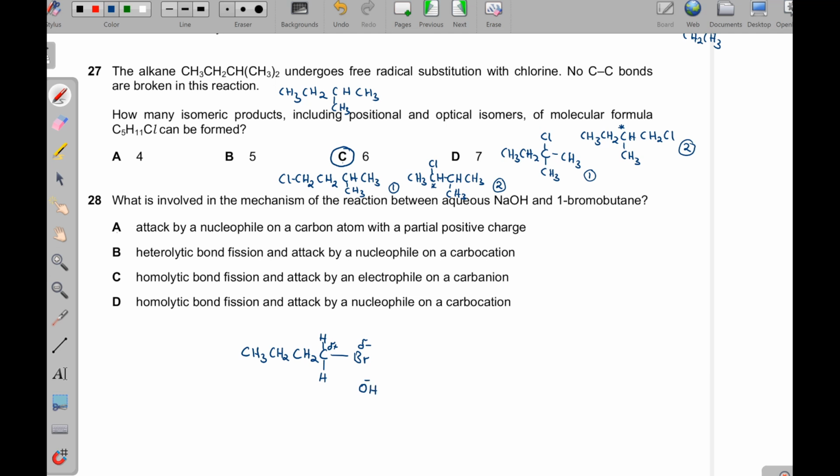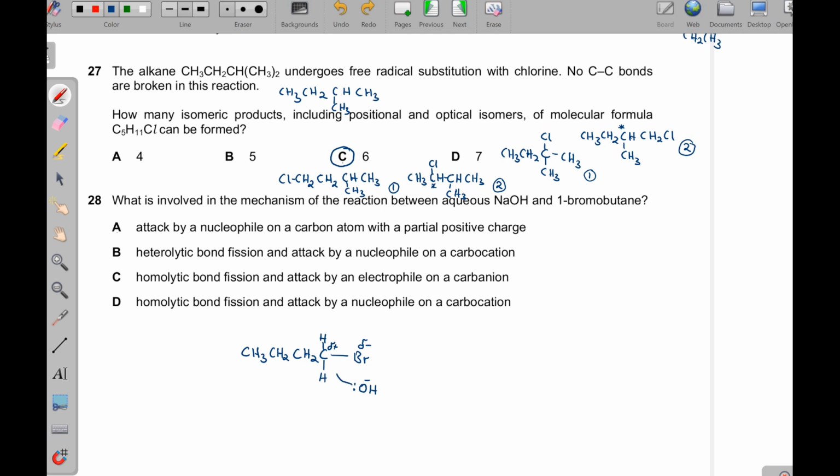So this one happens under SN2 because there is only one alkyl group that is donating electrons to this carbon here. So it's not stabilizing this carbon here enough to undergo SN1. But that one happens in tertiary halogenoalkanes.